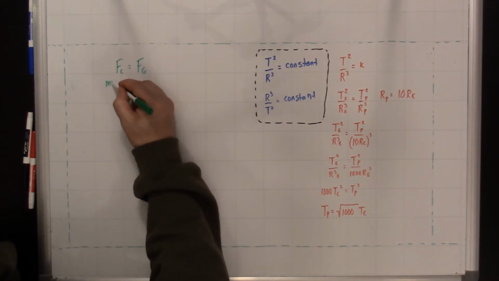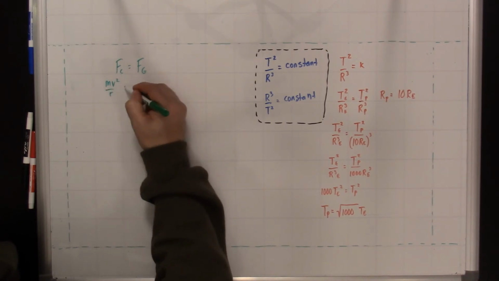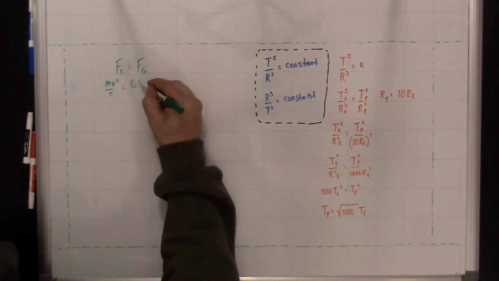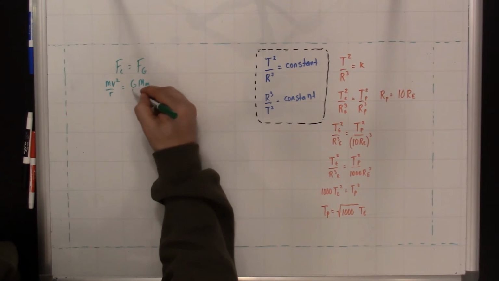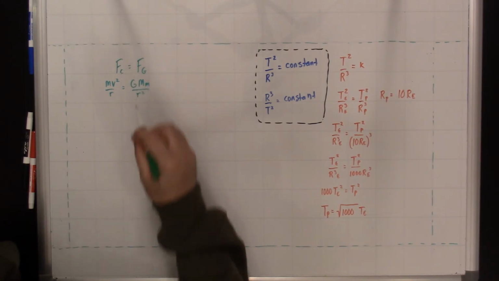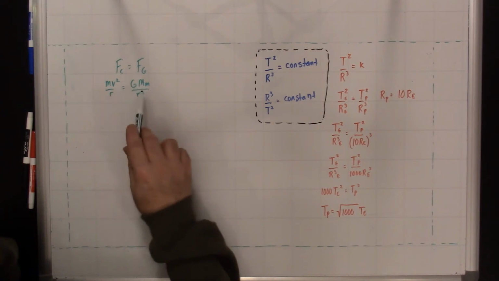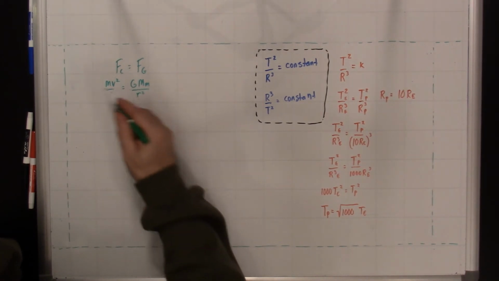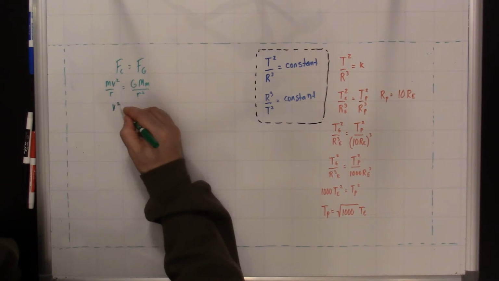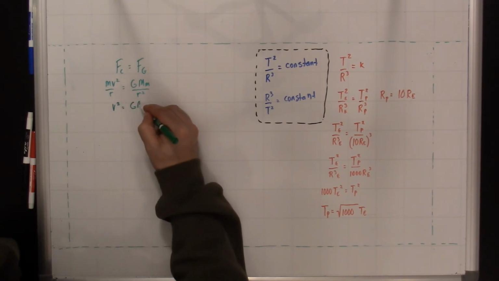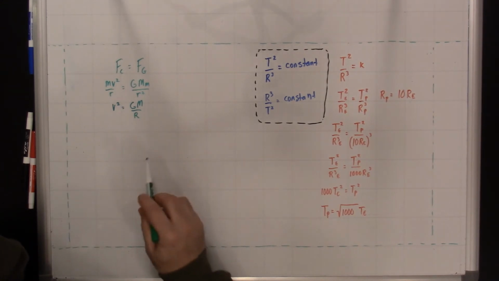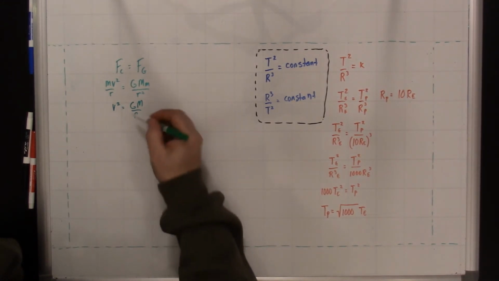I end up with mv squared over r is equal to G big M little m over r squared, where little m is the mass of the planet, big M is the mass of the sun, and r is the effective orbital radius. We simplify this, we end up with v squared is equal to GM over r. I'm going to switch to a capital R so I'm being consistent here.